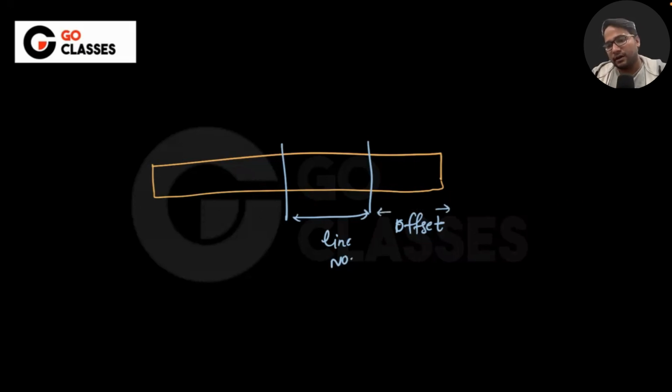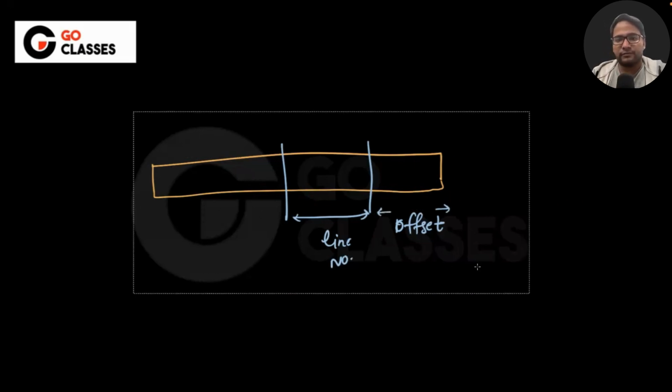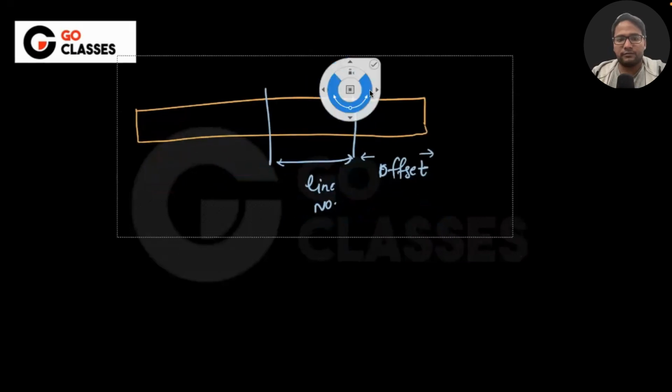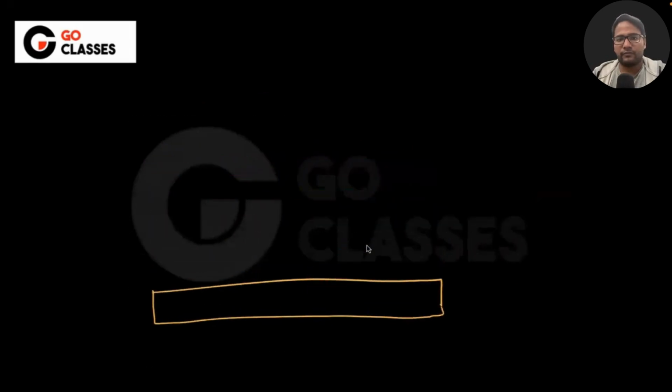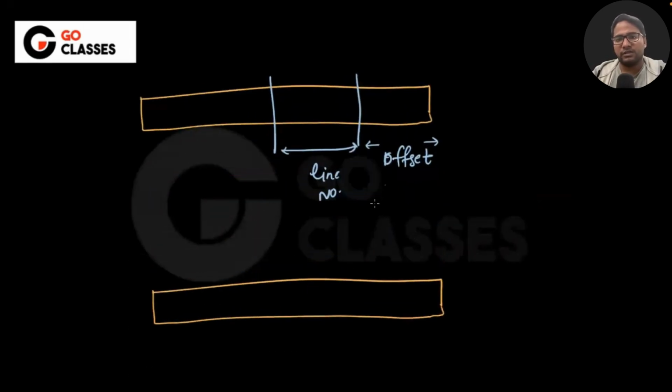Suppose I say that this is the offset. And then what is the remaining one?